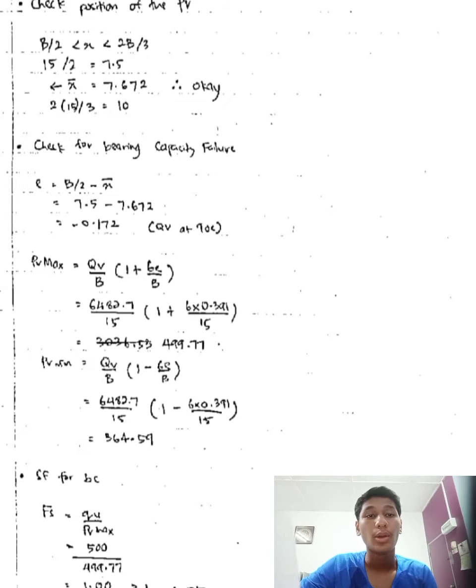Okay, now we are going to check position of the PV, where B per 2 less than X less than 2B per 3. B is 15. We get 15 because the base is 15. Base the UD2. 15 per 2, we will get 7.5.